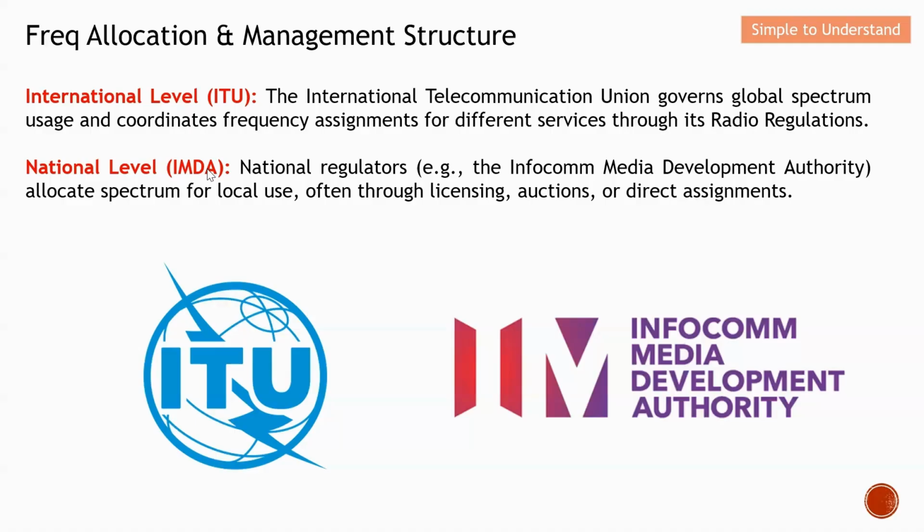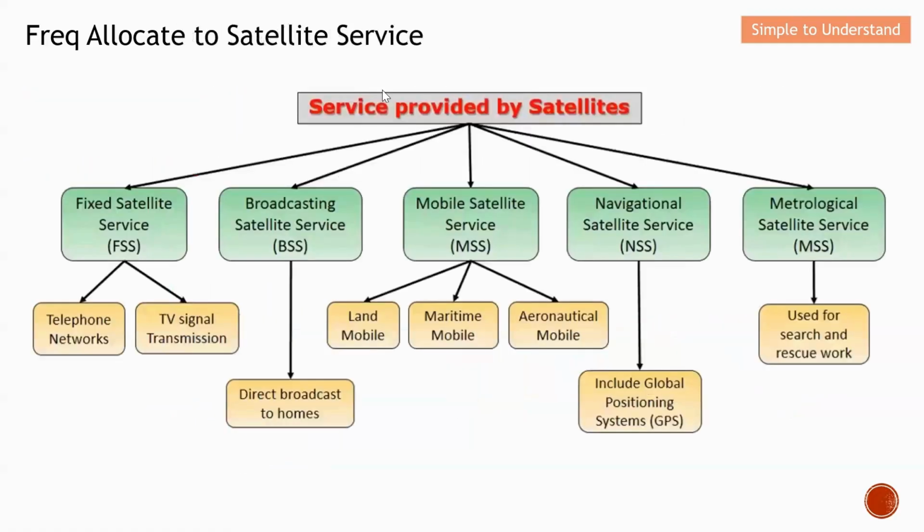From this diagram here, you can see the different types of service that are provided by the satellite. We have the fixed satellite service, mainly used for telephone and TV signal transmission. We have the satellite in terms of broadcasting, which is direct broadcast to home.